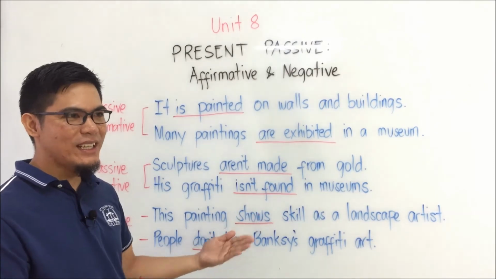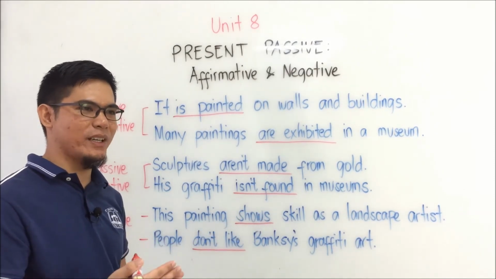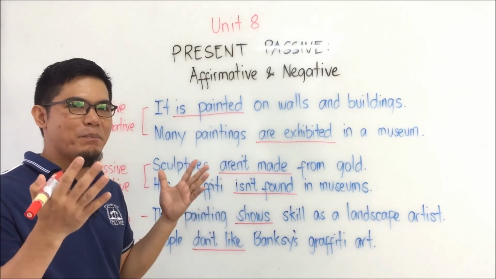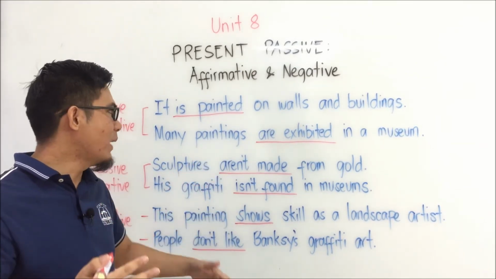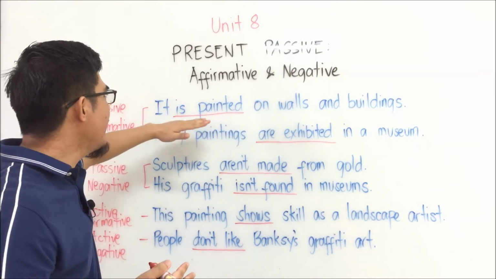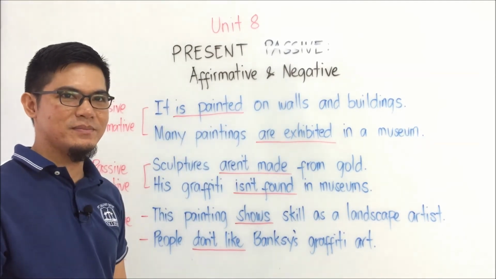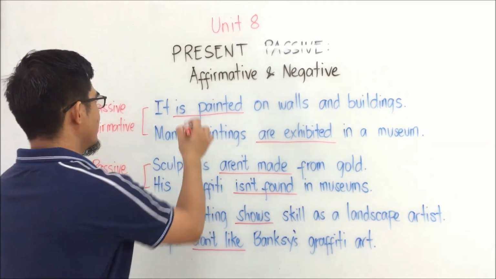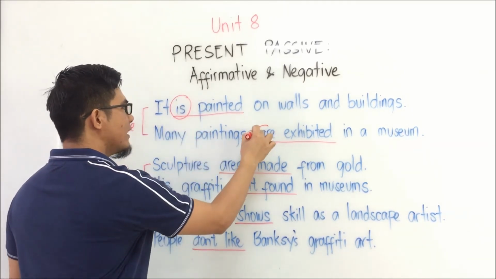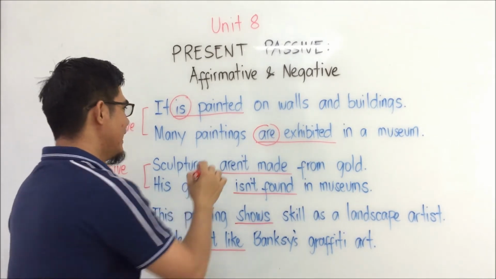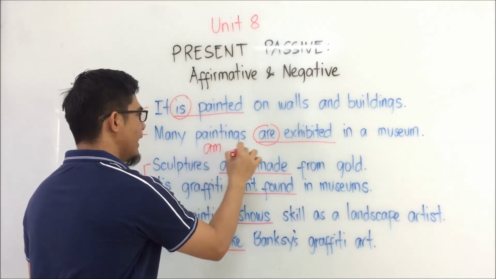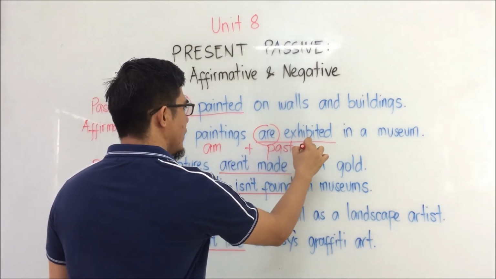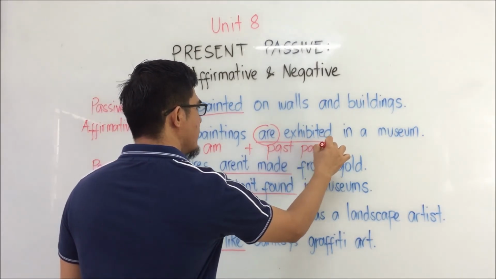Okay? Now, in order to identify passive affirmative and passive negative, we use is, are, and I'll add am, and then plus the past participle form of the verb.